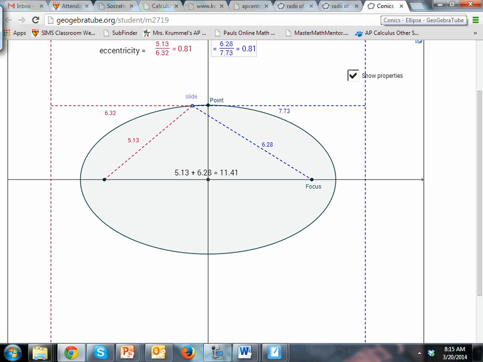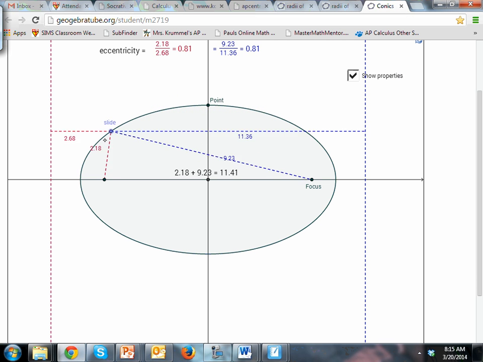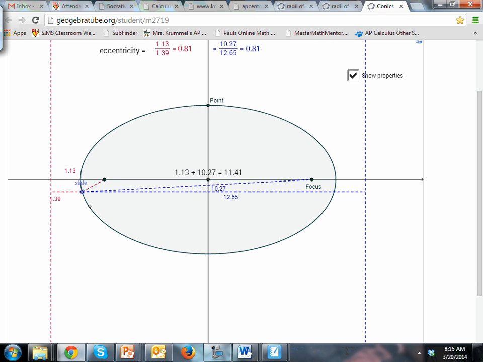Okay, here's an ellipse. What I want you to notice, so here are my two foci, and I have the distance to a point from each focus. I'm going to add them together right here. As I move along the ellipse, what do you notice?